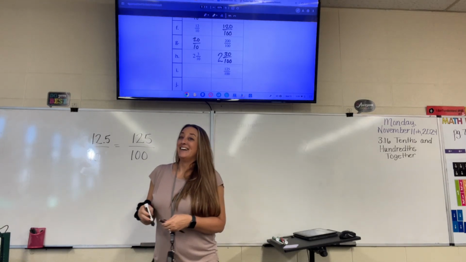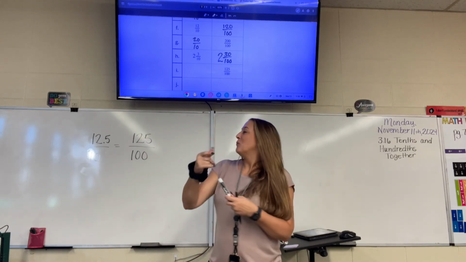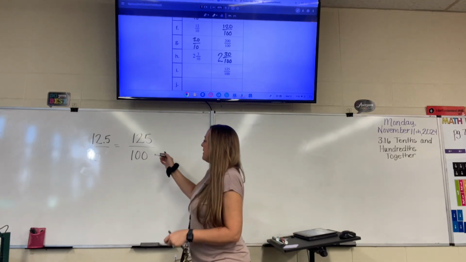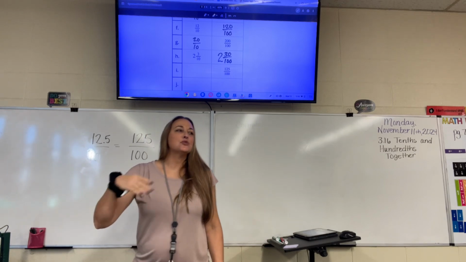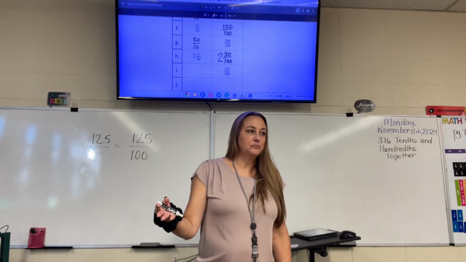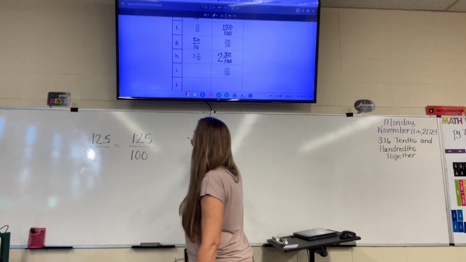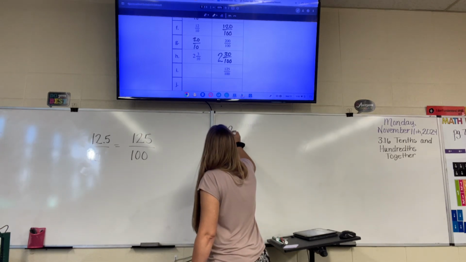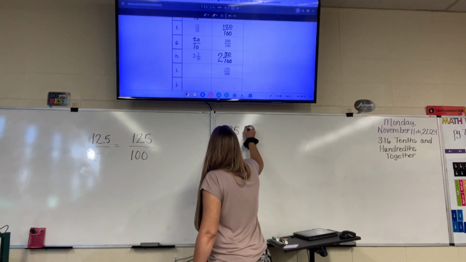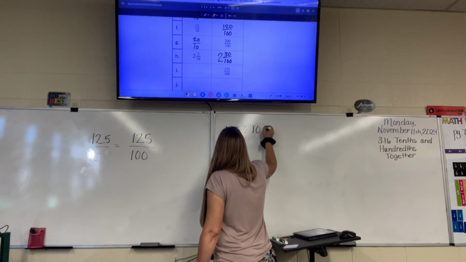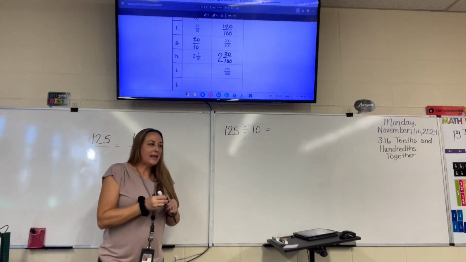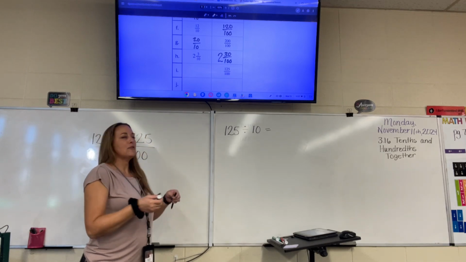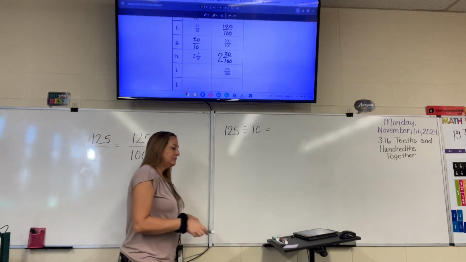Kind of. Uh-huh. So let me show you why this works this way. Because if we're taking away a 0, it means we're dividing by 10, right? So that would be like saying 125 divided by 10. How many groups of 10 can you make out of 125?